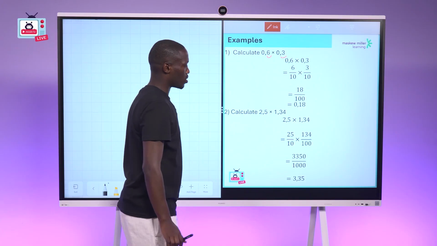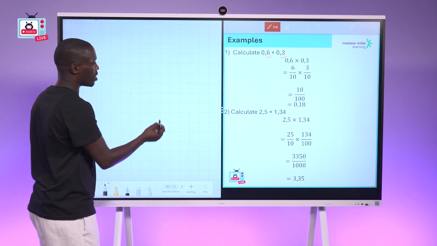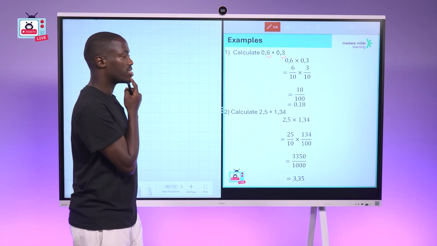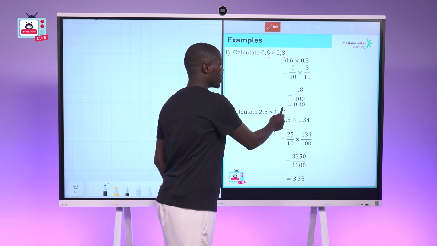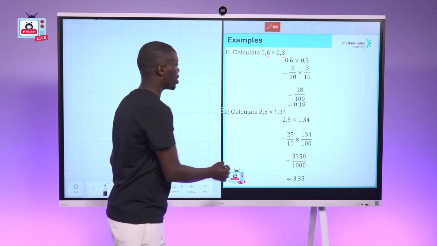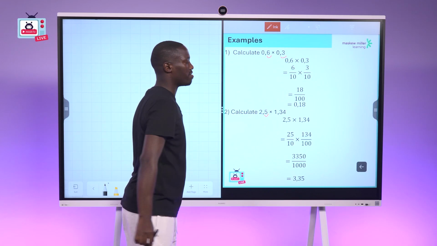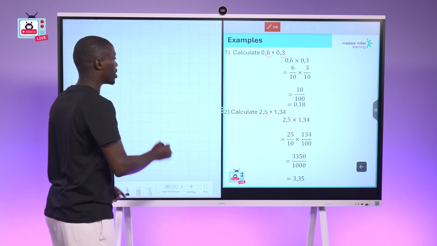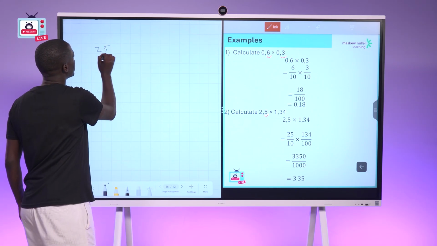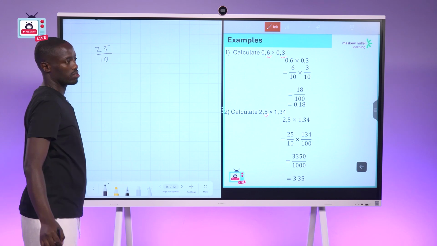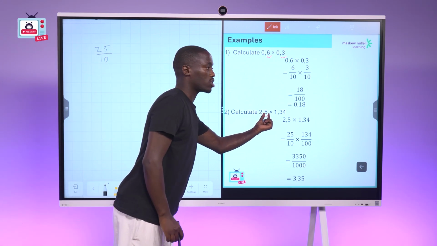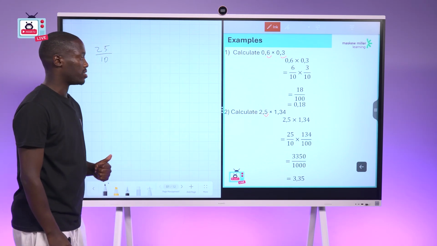Now, here's another one. We have 2,5 multiplied by 1,34. Again, you ask yourself, how many decimal places am I having there? I have 1. So that means I have 25 over 10 because this decimal is in the 10th place.